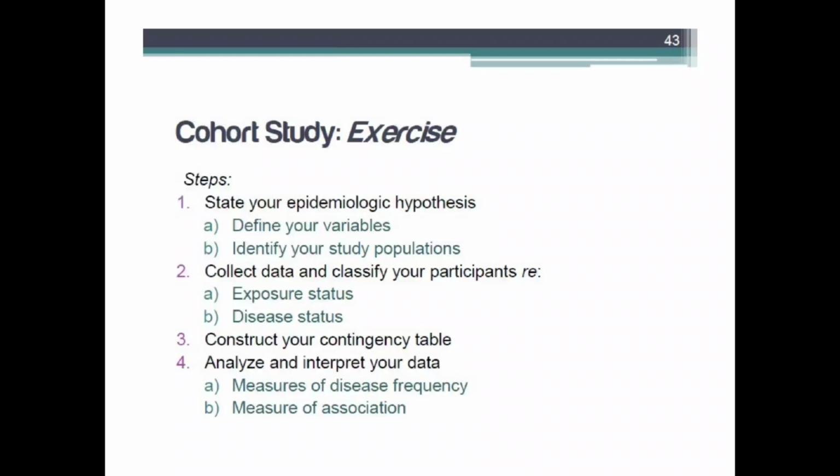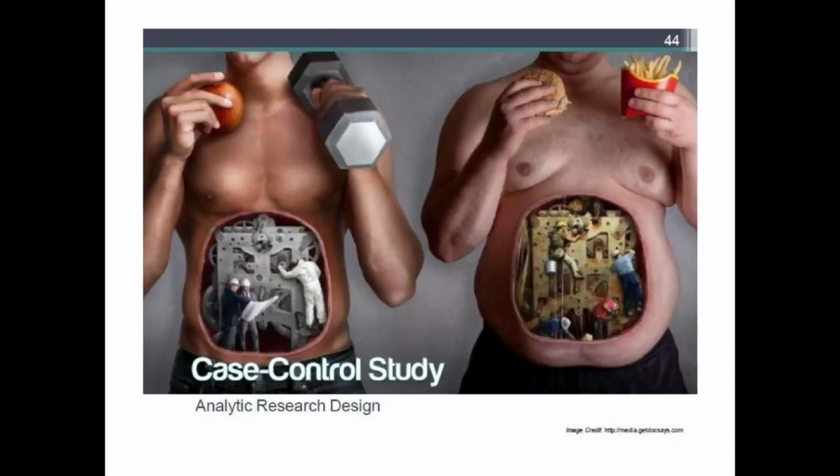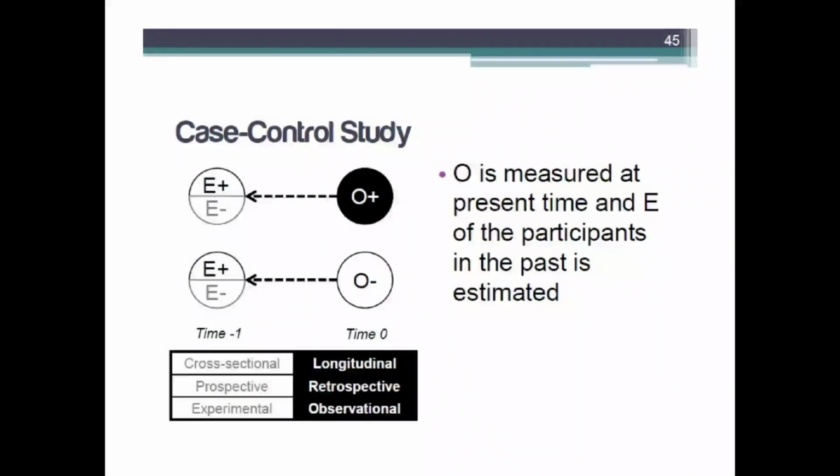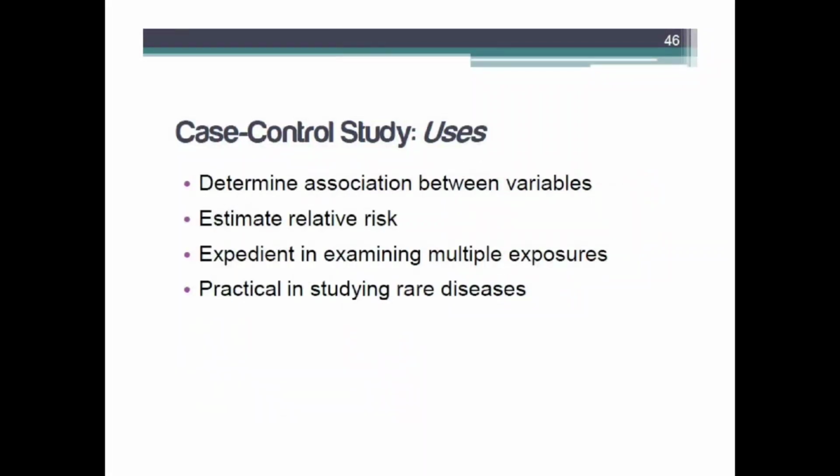Okay, next. So, next is the case control study. So, case control study naman, the outcome is measured at the present time, and then yung exposure of the participants is in the past is estimated. Okay? So, ano ba yung gamit nito?